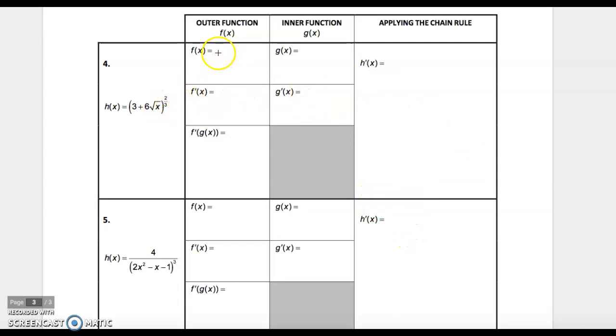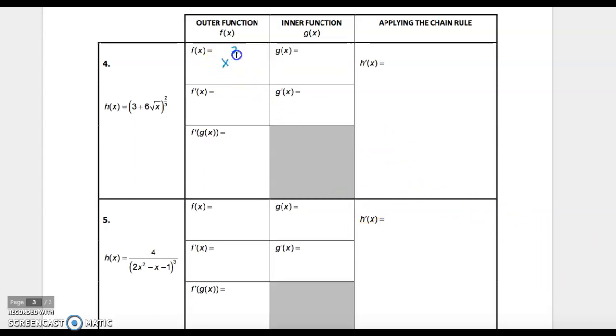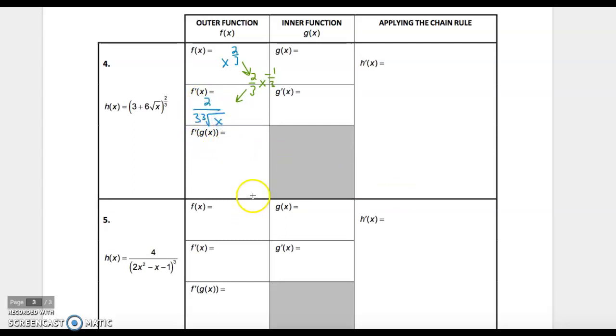All right, the outer function in this one is x to the 2/3. Oh, dang it. I always try to keep some sort of color coordination going on. And then that derivative, if I do my derivative for that piece, it would be 2/3 x to the negative 1/3, which then would give me 2 over 3 cube root of x.